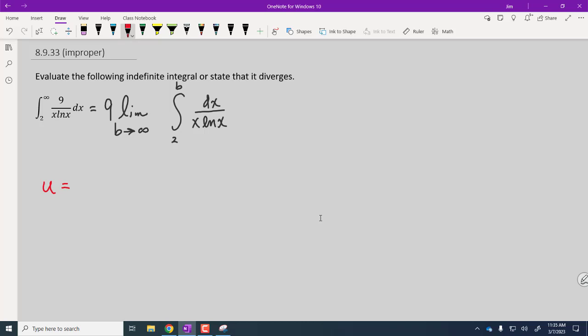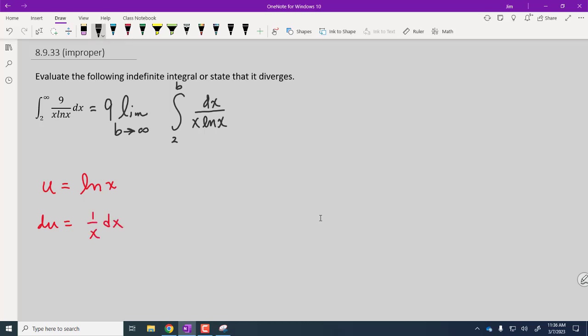And what will we choose u to be? If we choose u to be ln of x, that's a viable substitution if its derivative is present. And its derivative is present. The derivative of natural log of x is 1 over x, and we're seeing a 1 over x right in front. Right there, 1 over x. So this is going to be a good substitution.